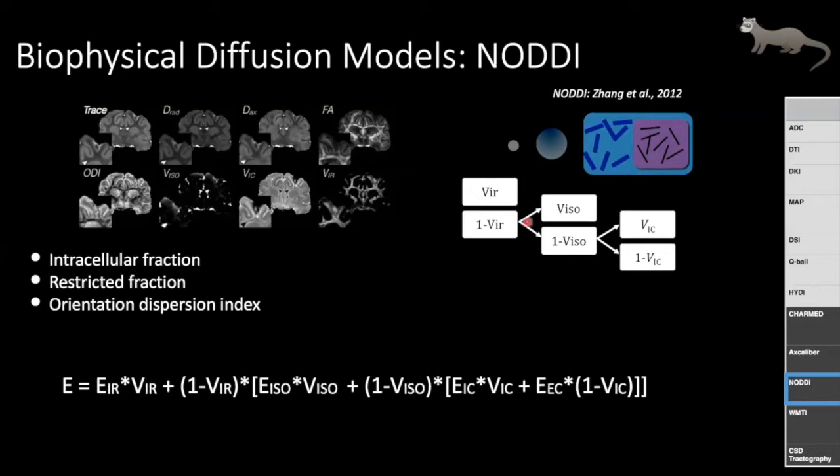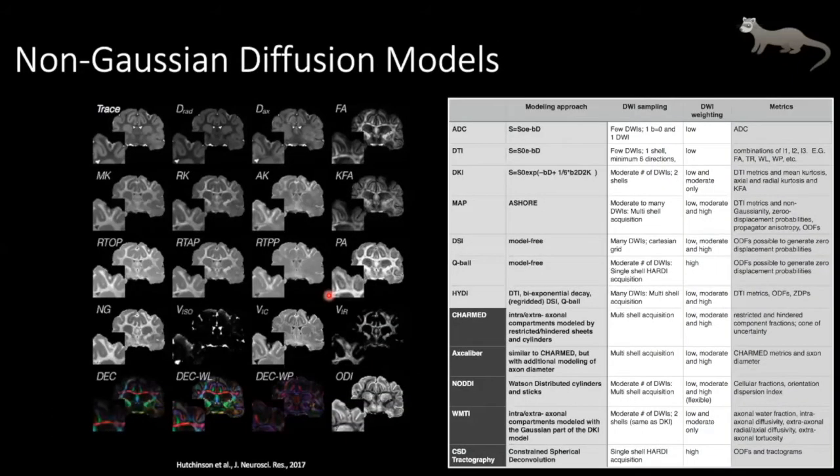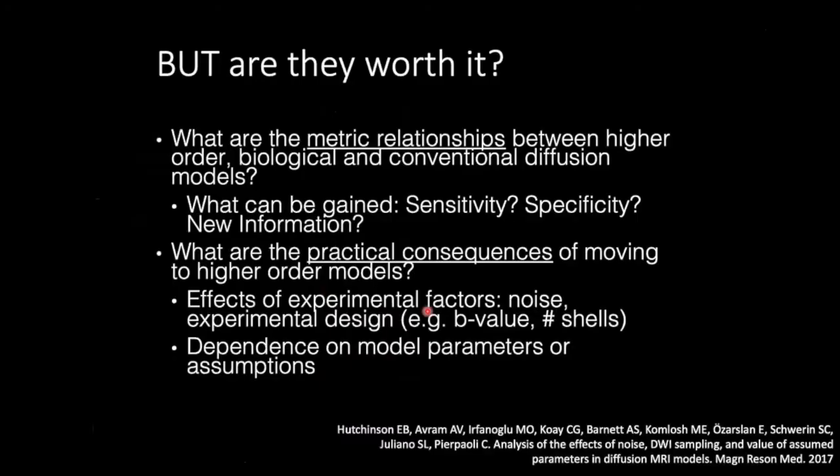It uses a tiered approach and models the intracellular and extracellular space as cylinders and sticks to give different volume fractions of cellular and intracellular spaces, as well as an orientation dispersion index, which is shown here. So these are the main tools that we use right now to look at different changes in brain injury and in neurodegeneration. There, of course, have been many more since this paper came out, and we're always trying to add to the toolkit.